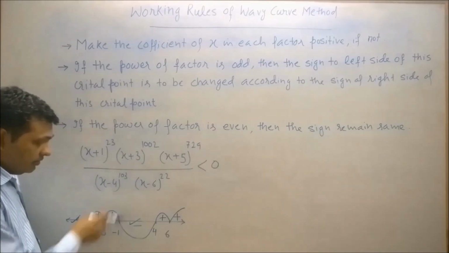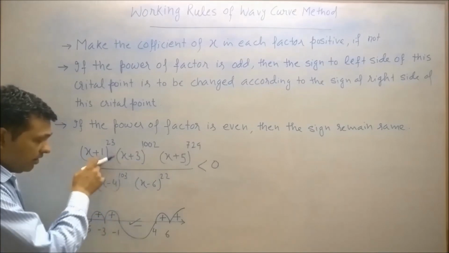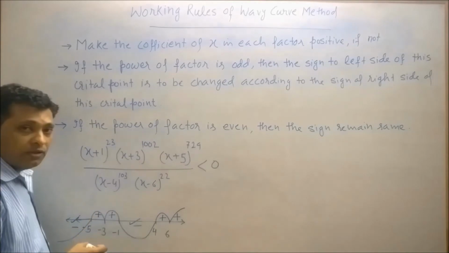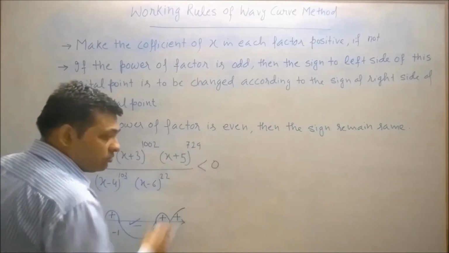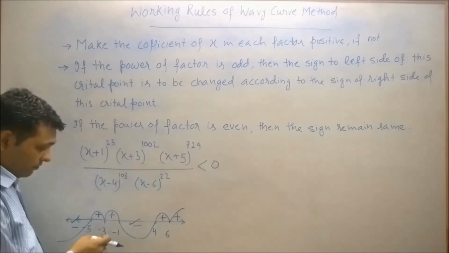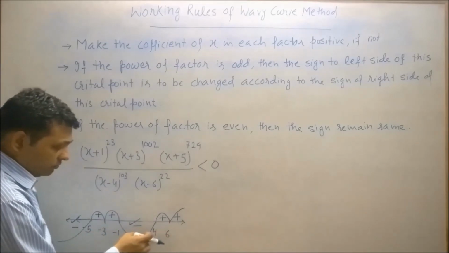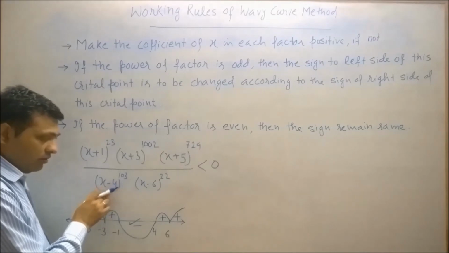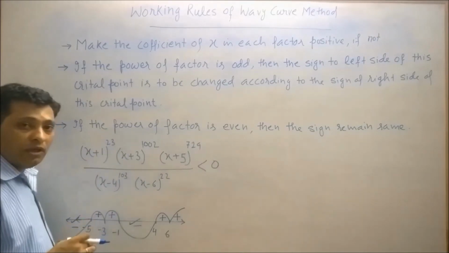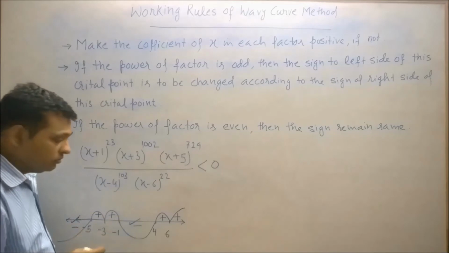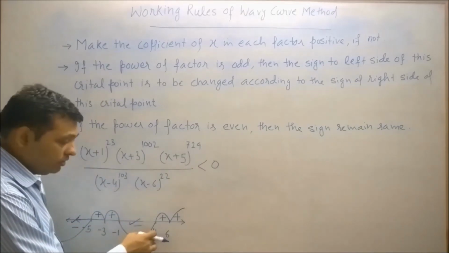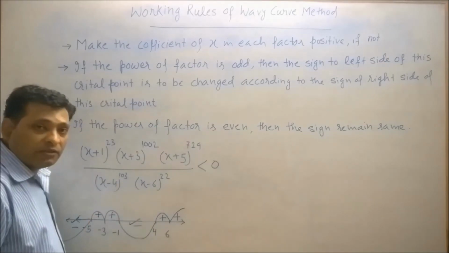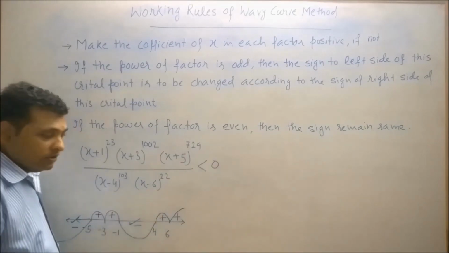Similarly, x cannot be equal to minus 3 and minus 1 because these 2 points also make the numerator 0, but the sign of equality has not been given to us. Now check these 2 points also. If x equals 4, by putting x equals 4 the denominator becomes 0. Denominator cannot be equal to 0. So x cannot be equal to 4. Similarly, x cannot be equal to 6 since x equals 6 makes the denominator 0.